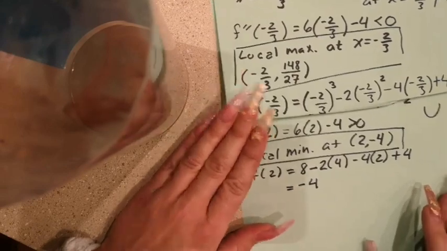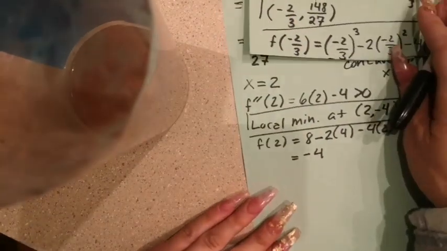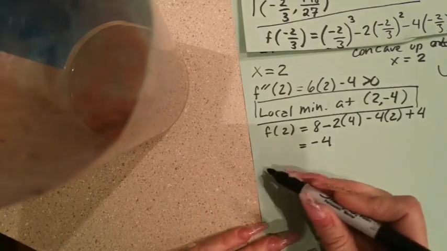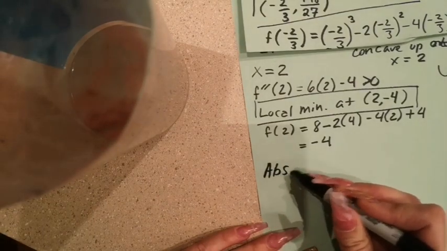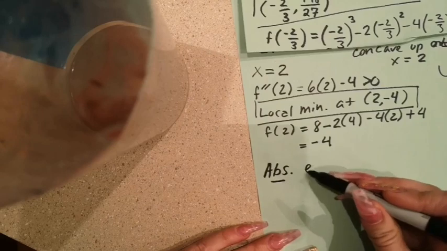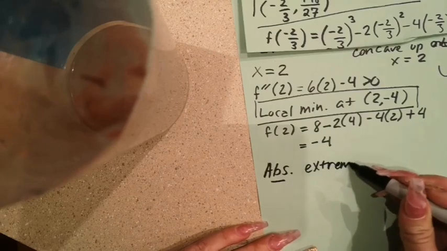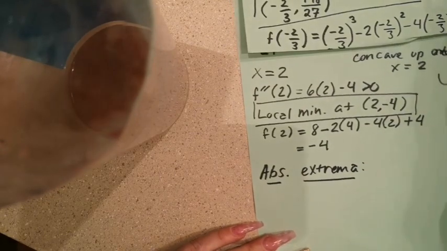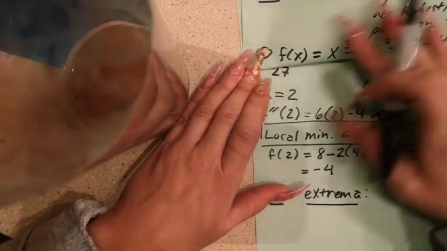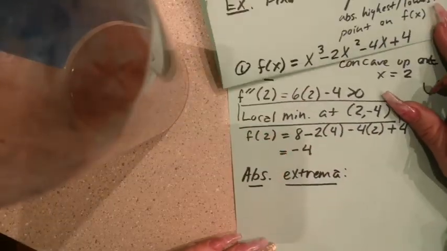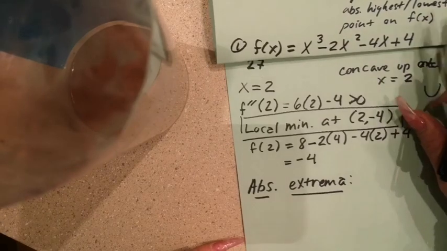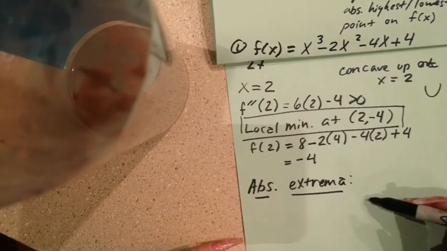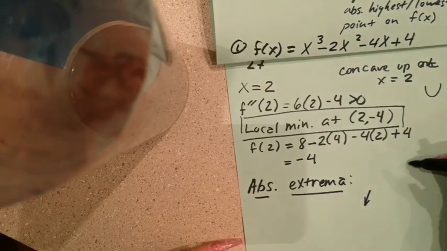Now the only thing I'm thinking about is, remember that I was supposed to be finding the absolute extrema. So I have the local max and min. The only thing I'm wondering is what happens on the ends of this graph. So let me look back at the function for a second. I have a cubic function. If you remember what a cubic function looks like, on the left side, the graph's going to go down.